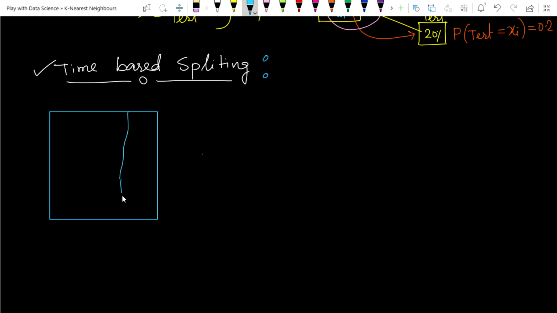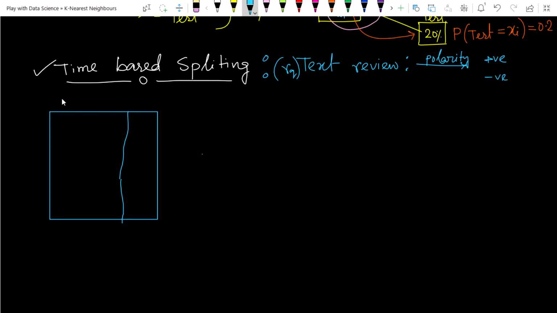Suppose this is the type of data set, and suppose we consider the text review data set. For the whole text we have to find its polarity, meaning whether this review is actually positive or negative. Our query is a text review, and at the end of the day we have to find whether its polarity is positive or negative.